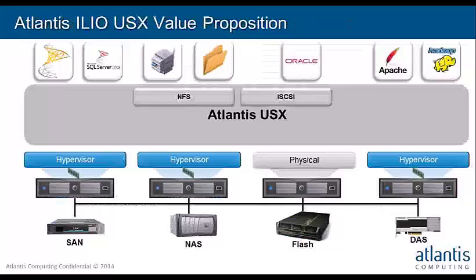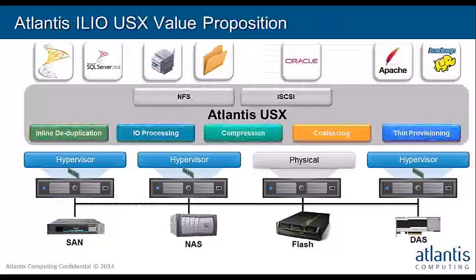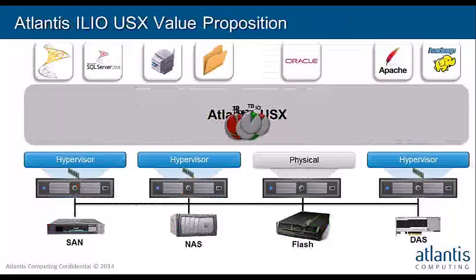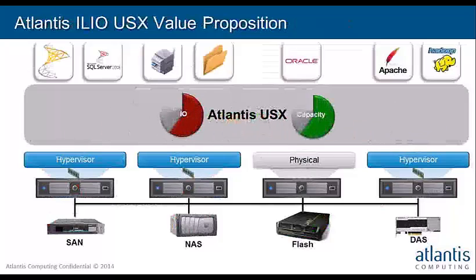In future, we'll be adding object storage support and CIFS support. And the essential data services like inline deduplication, I/O processing, compression, coalescing, thin provisioning are all made available in the USX code.